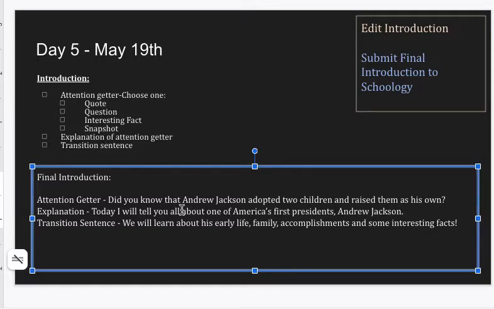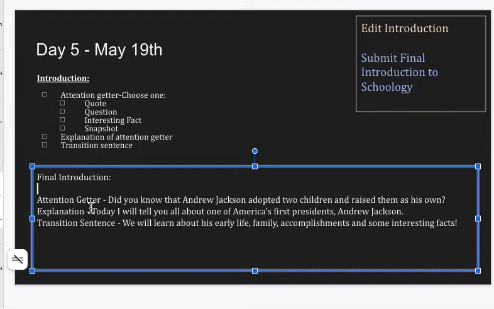So first, let's look at my attention getter. Did you know that Andrew Jackson adopted 2 children and raised them as his own? That is my voice. This is Mrs. Behrens's voice talking about Andrew Jackson. I need to find a way to say that the way it would sound if Andrew Jackson said it about himself.